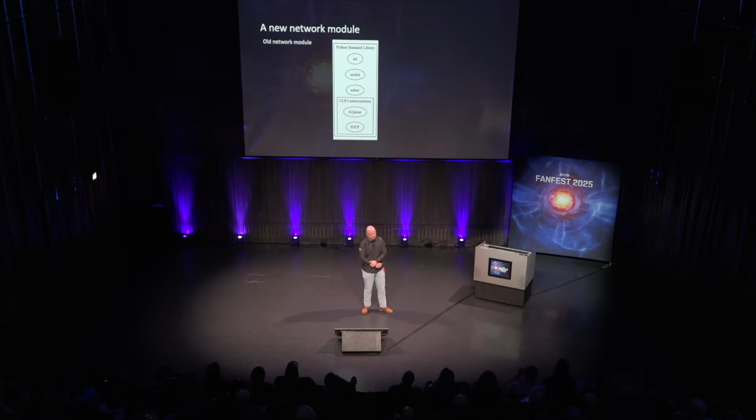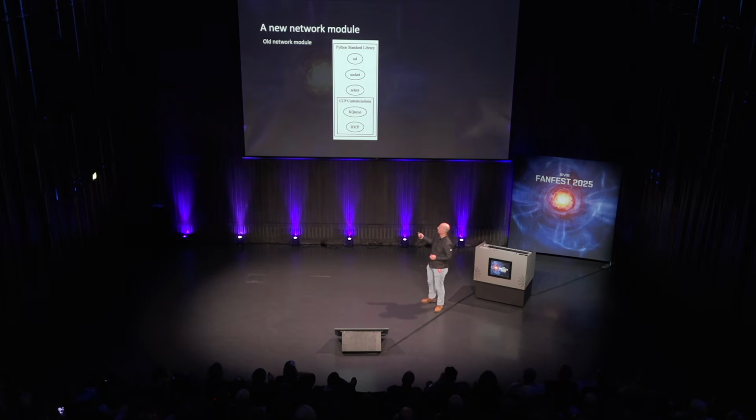What you see here is a short schematic of how our old network module stack looked like. At the top, we have the Python standard library modules for secure socket communication, the socket itself, and select. And this was all built on top of our customizations that we did to the standard library and the Python interpreter itself.